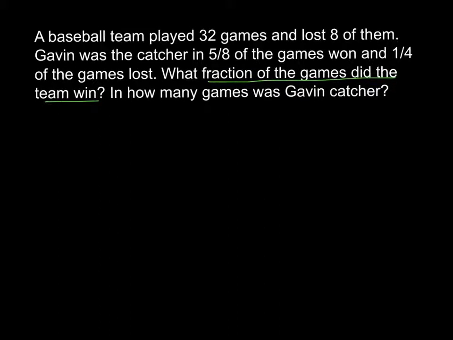Well, we know that they lost 8 of the games out of 32, which means that for the number of games won, we can do 32 minus 8, which means that there are 24 games that they won out of 32 games.